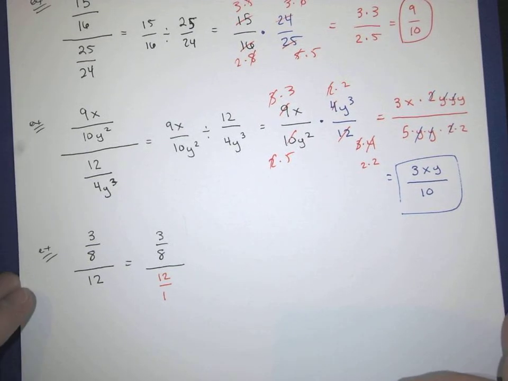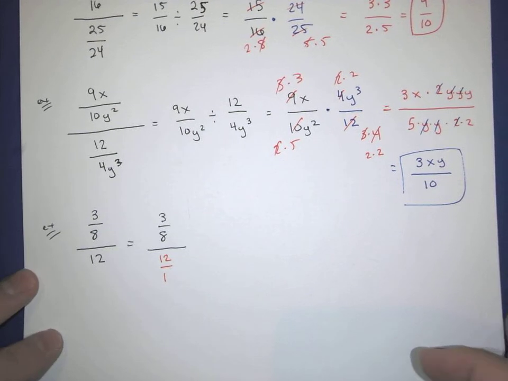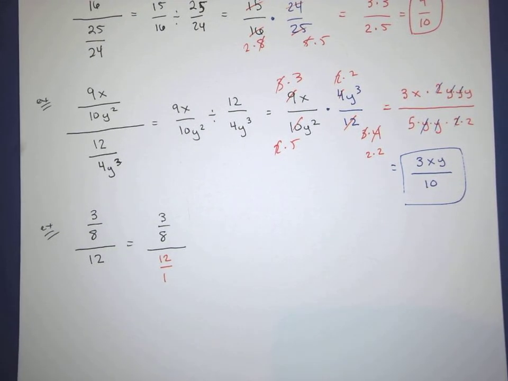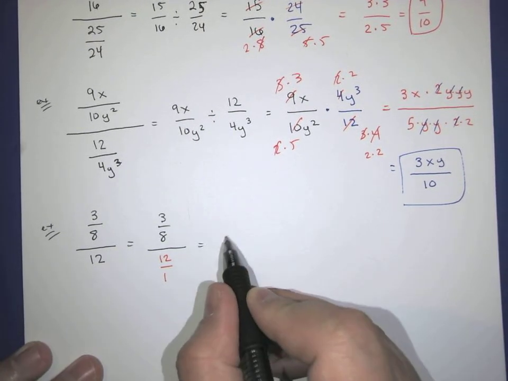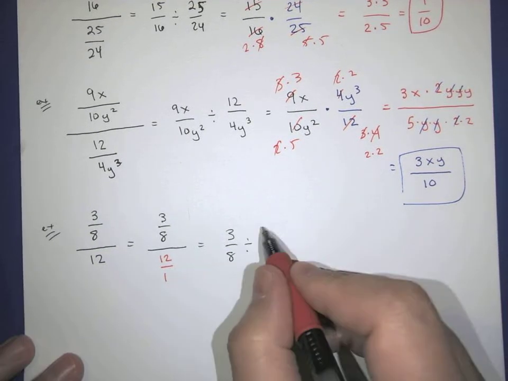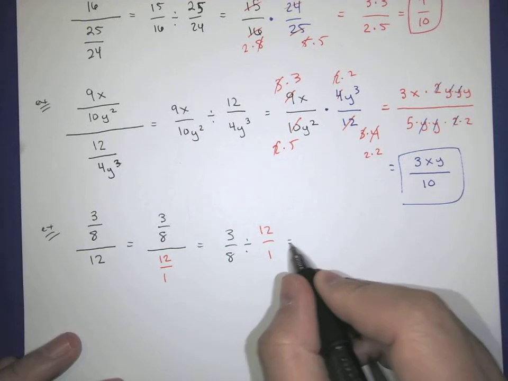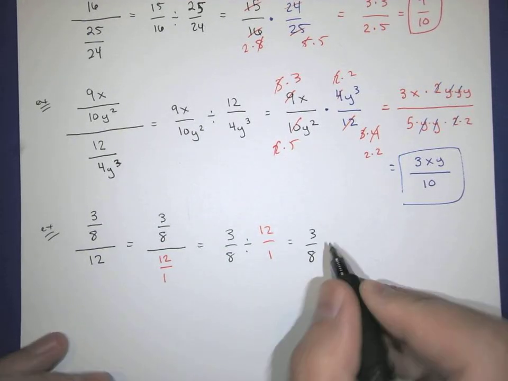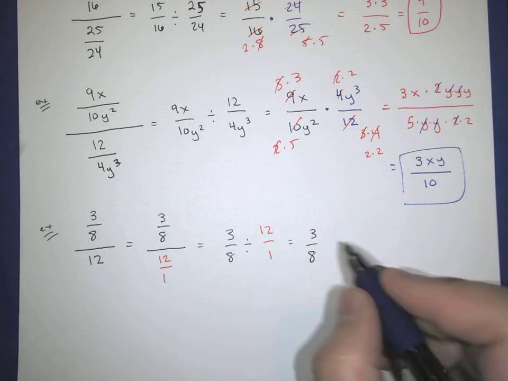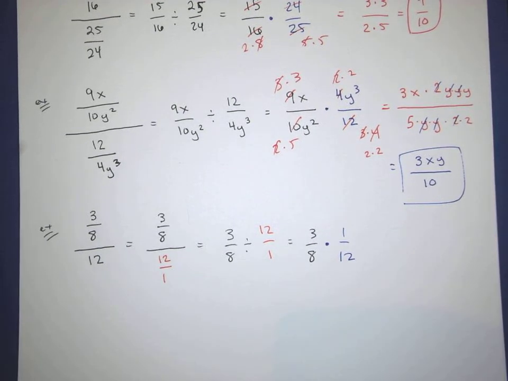So then you can still in one step get that nice 2 over 2 balance going, and then go from there. So then this will be 3/8 divided by 12 over 1, which then becomes 3/8 times 1 over 12.